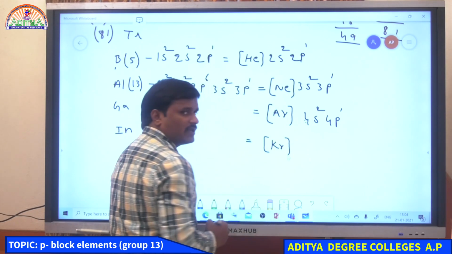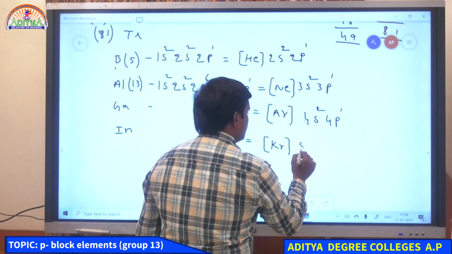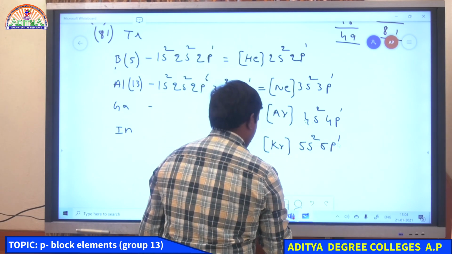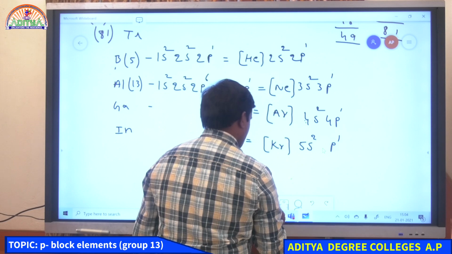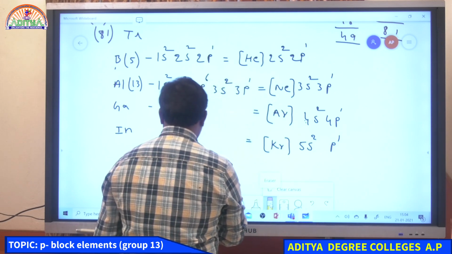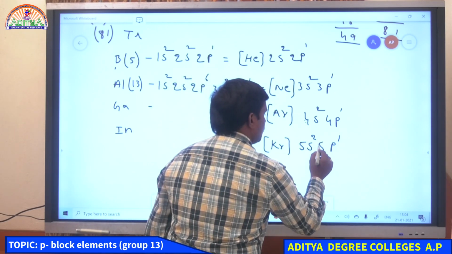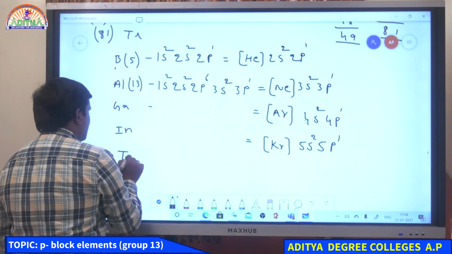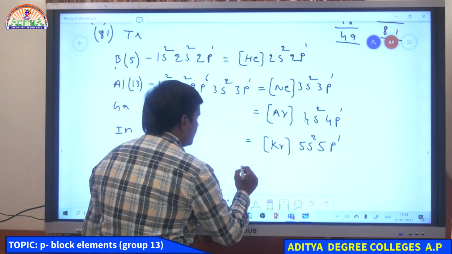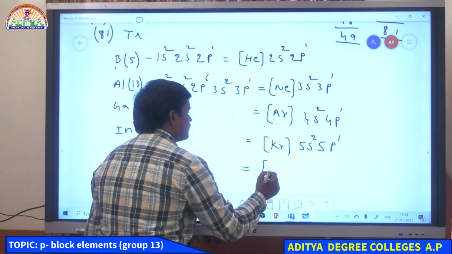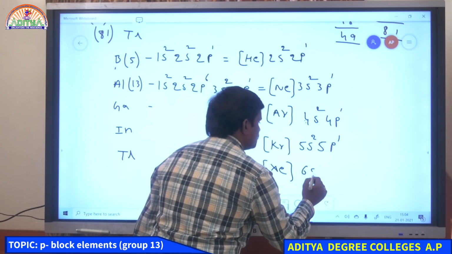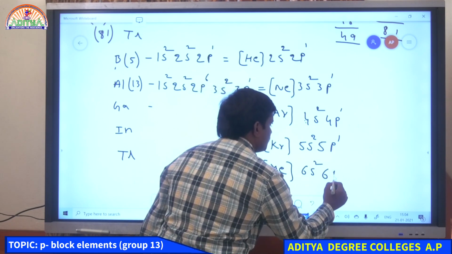This is the next noble gas. Therefore, krypton 5s2, 5p1. And the last one is thallium, Tl, and the configuration is xenon 6s2, 6p1.